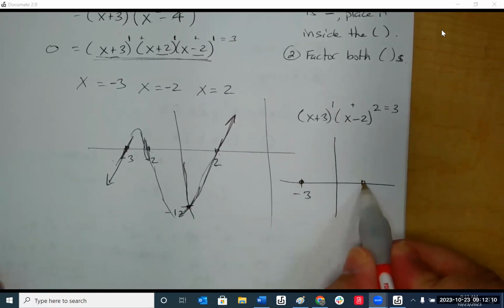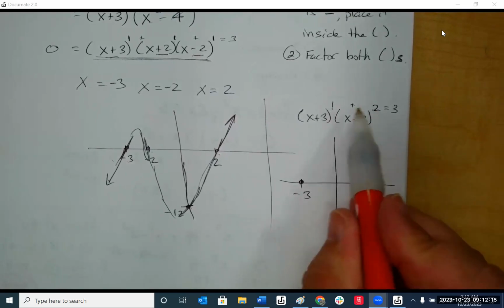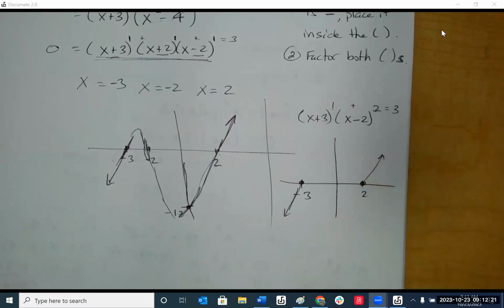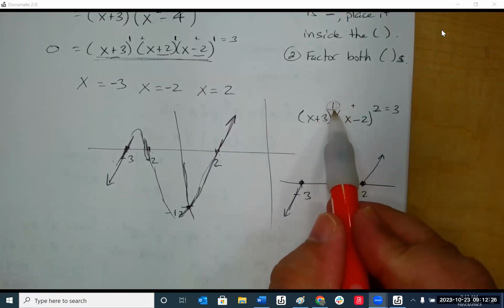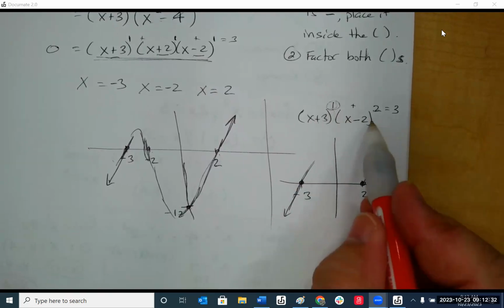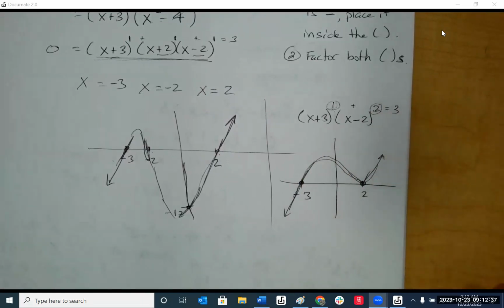In this one, the degree is 3. The leading term was positive, so it's down here, up here. The multiplicity is odd on this first one, so it crosses. But it's even here, so all it does is bounce. The graph is like this. Some more examples here.